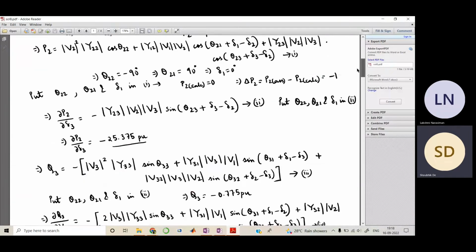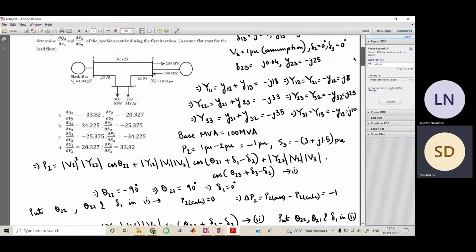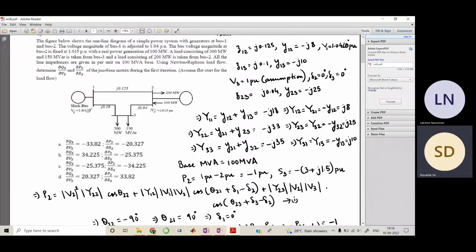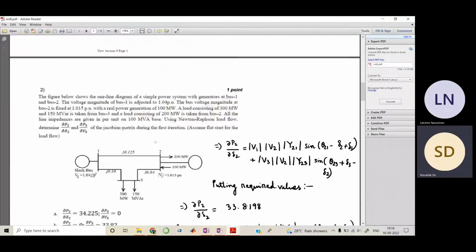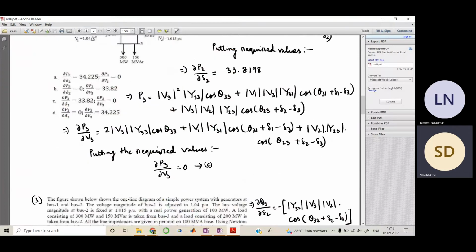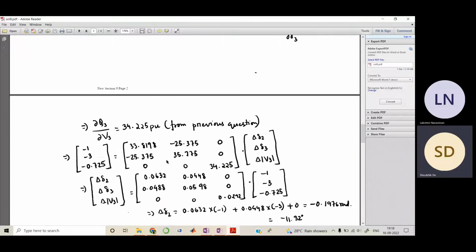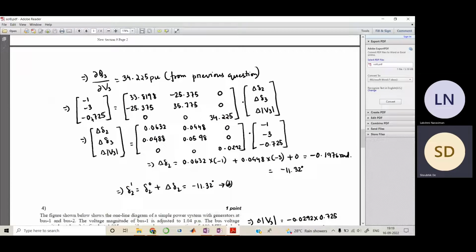It is mainly because your S3 is -3 + j1.5, so P3 is -3, and we are assuming a value of 0, so it is 0 - 3, that is -3 basically. And I told you this would be -7.712. You just do it on your own while you are solving the problem. It is very easy, you will get this matrix.